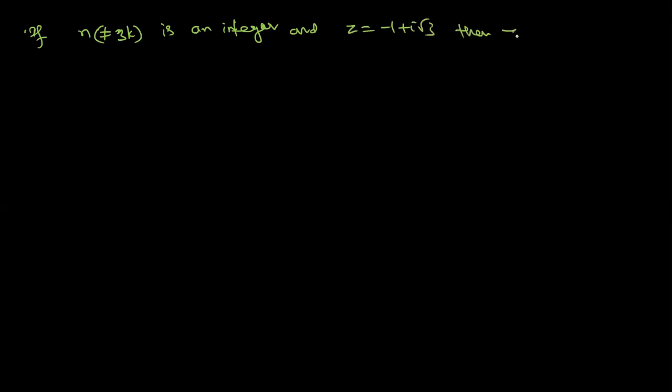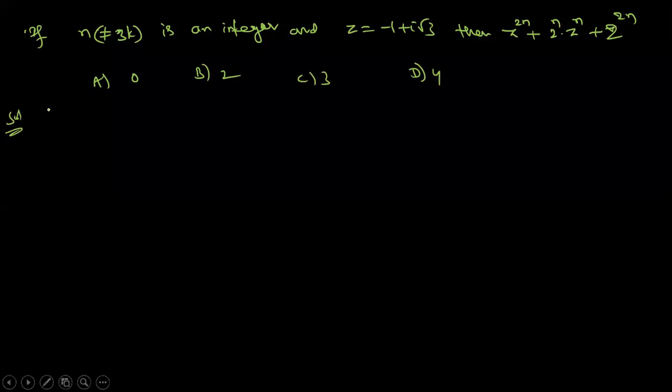Then find z power 2n plus 2 power n into z power n plus 2 power 2n. So how to verify this one? Please, one minute. Options here 0 to C. How to solve? n is an integer. z is equal to minus 1 plus i root 3. Then what about this value? How to simplify?